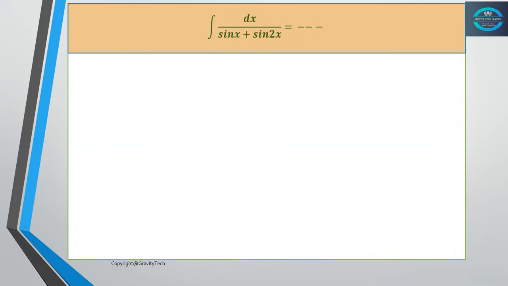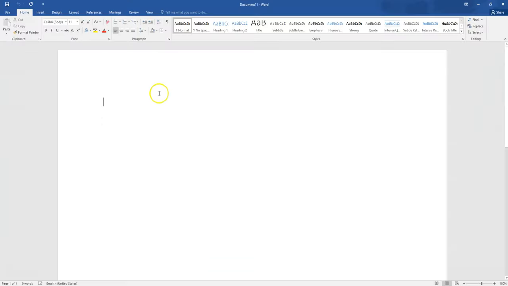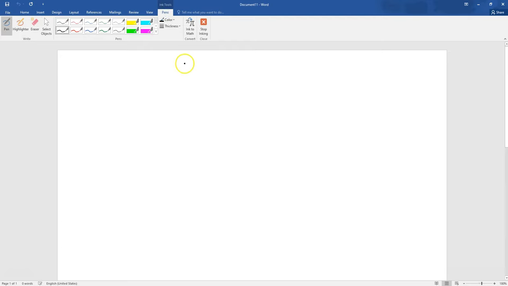So the next question what they have is dx upon sine x plus sine of 2x. See, this is again a kind of easy example. इसको हमको partial fraction से solve करना है. Now partial fraction से solve करना है तो कैसे solve करना है? Let's see. So the example is like this.